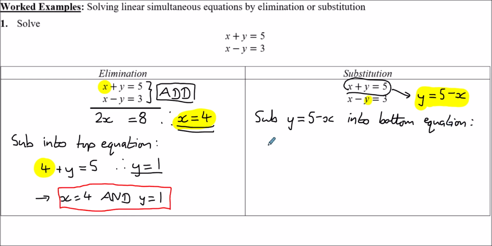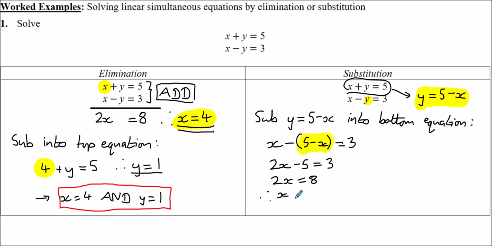Then what we get is x minus (5 minus x), because that's what y is, equals 3. This can now be rearranged and neatened up, so x minus negative x is the same as 2x minus 5 equals 3. Add 5 to both sides, that gives us 2x equals 8. Divide through by 2, therefore x equals 4.